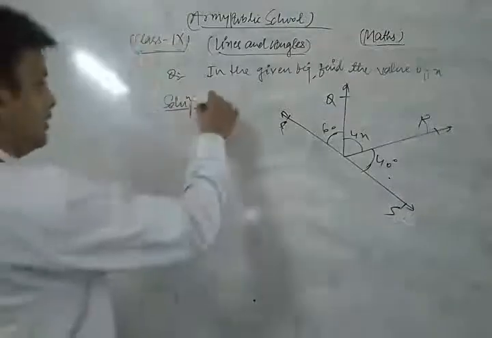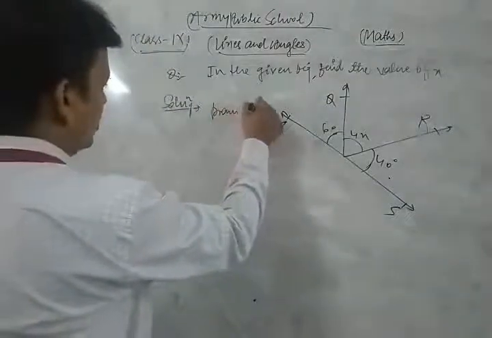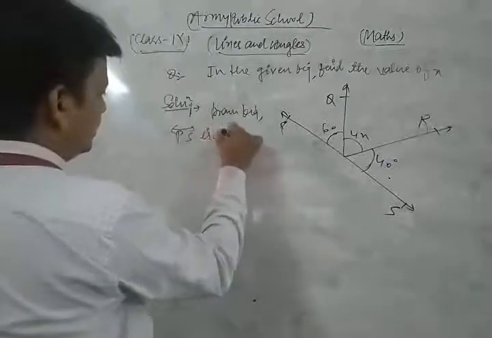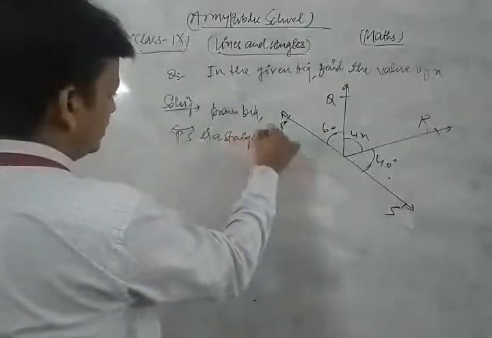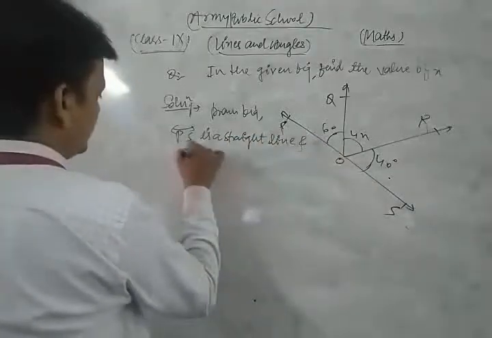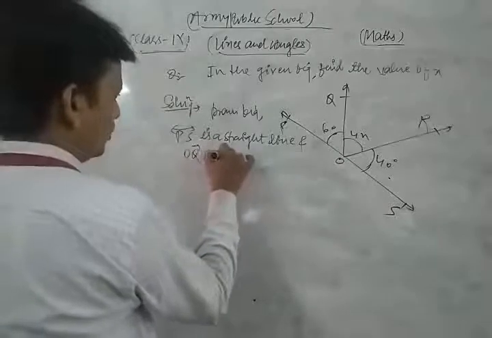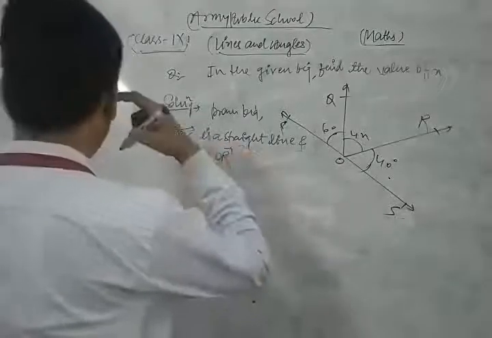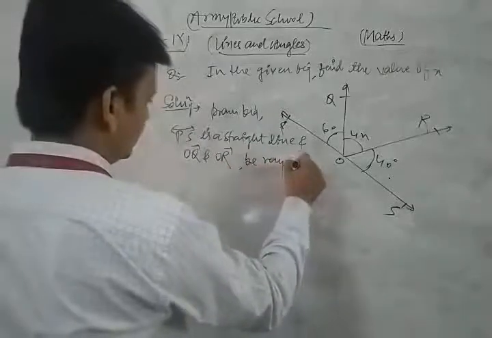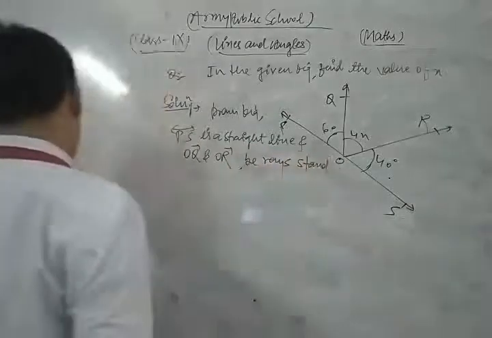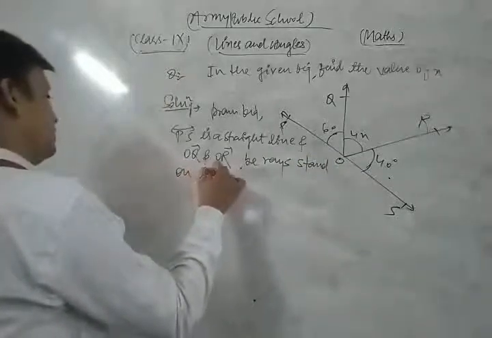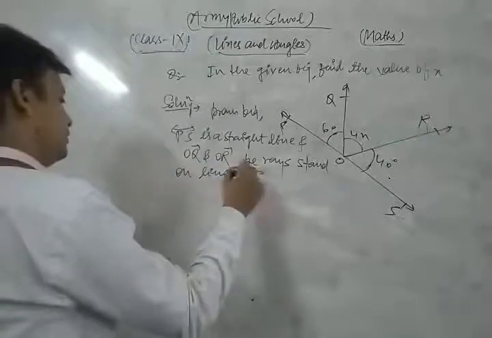So from the figure, PS is a straight line and rays OQ and OR stand on line PS.